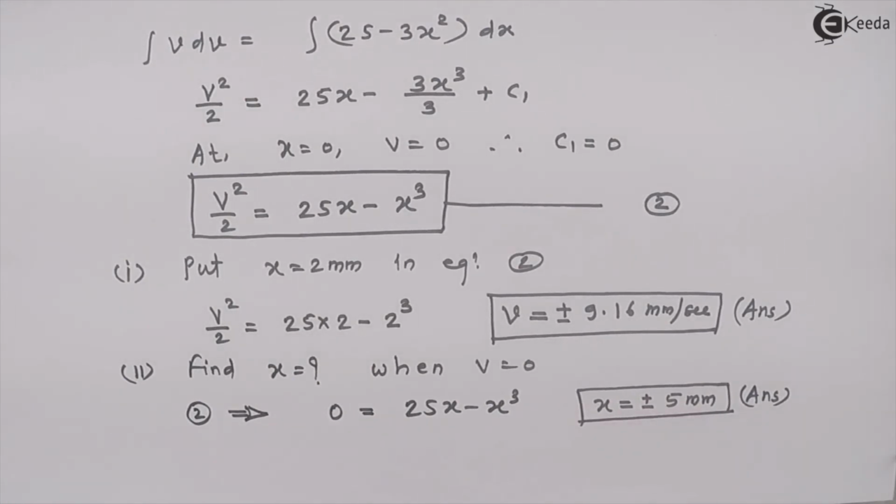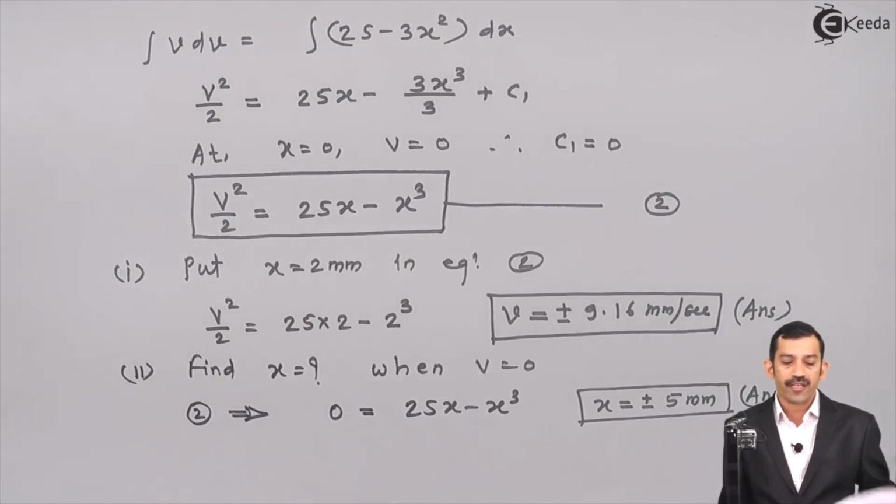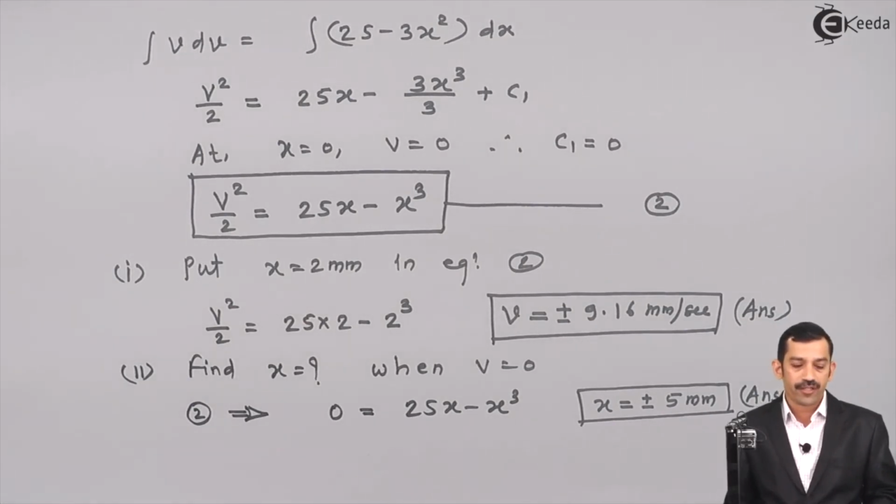Third part of the problem: the position where the velocity is maximum and the corresponding maximum velocity. To find the position where the velocity is maximum, the condition is what? When the velocity becomes maximum, the acceleration must be 0.